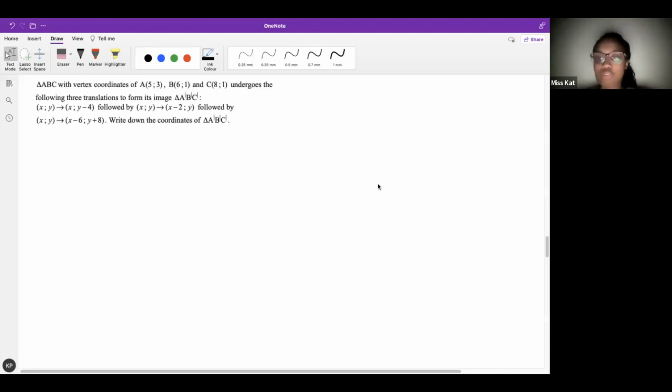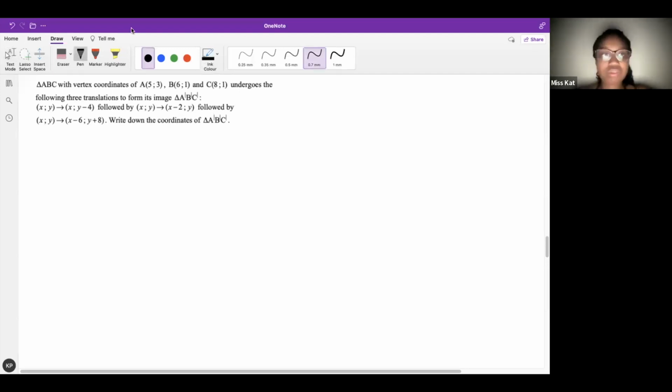So for this one, guys, we need to translate all 3 points 3 times. Okay, do you understand what I mean? You can't translate the points differently because when we say translate a shape, it means you are moving the whole shape. Yes, Abu. So we need to find the prime coordinates.